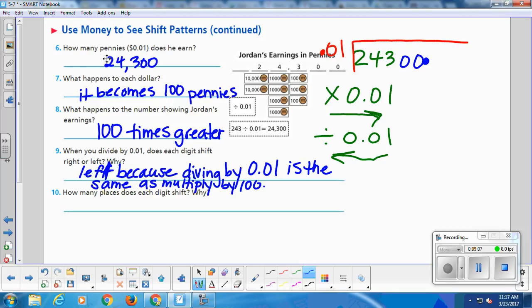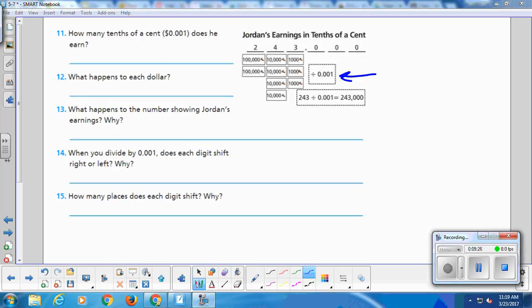This is great. It says divide. I corrected it. So, what happens to each dollar? Each dollar becomes 1/100th of a dollar.